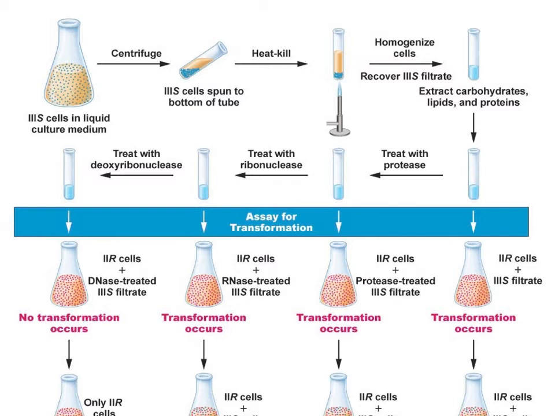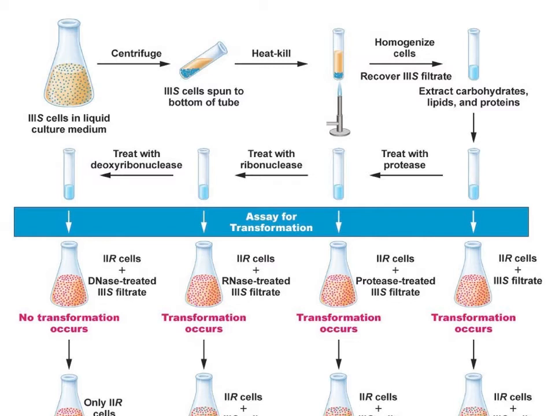They got rid of all that. So they took all the stuff that you basically get from these cells, carbohydrates, lipids, proteins, all that stuff, and got rid of most of that. They know these things, the carbohydrates, lipids, proteins, all of those things. They wanted to get rid of what they knew wasn't a contributor, and then test for the possibilities of the influence of protein, DNA, and RNA.